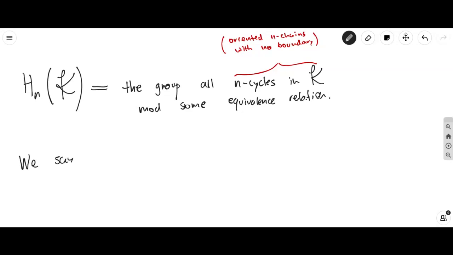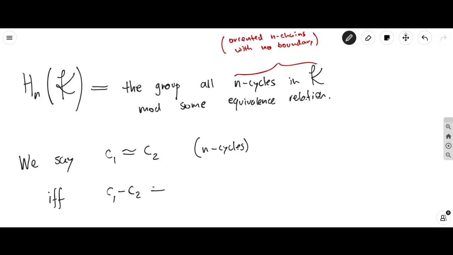So we say that C1 is equivalent to C2. So these are n cycles. We're defining what it means for them to be equivalent if and only if their difference, and this is just a formal difference. This is a list of n chains, this is a list of n chains, and you just take these 2 lists and formally subtract them. So it's just formal subtraction. So these 2 are equivalent if and only if this is homologically trivial.